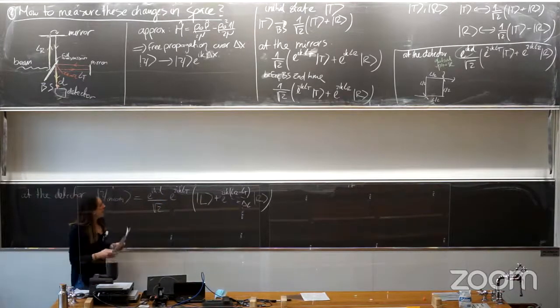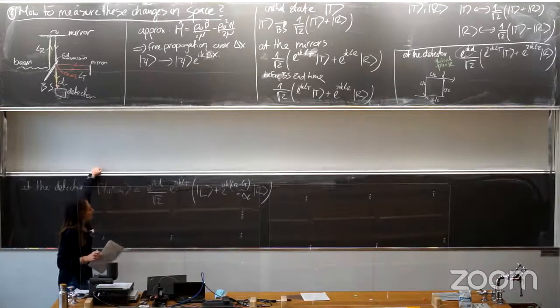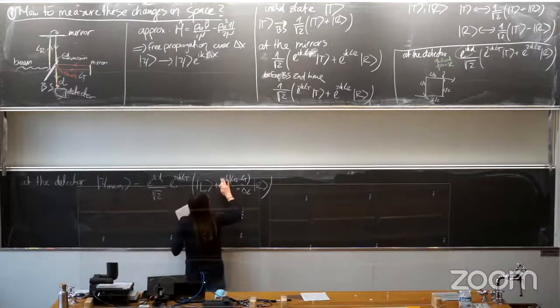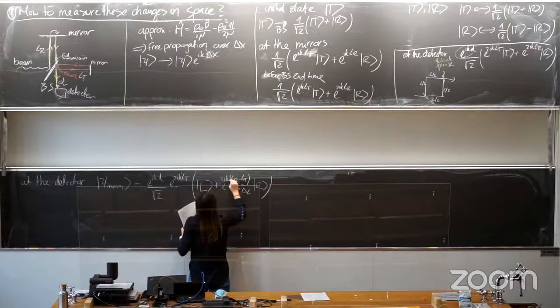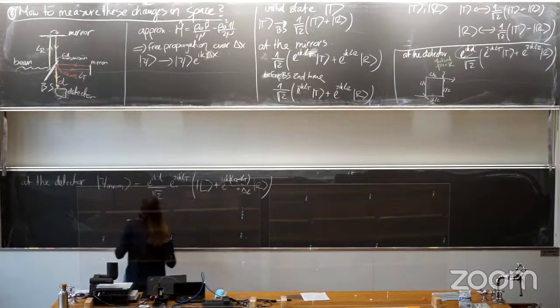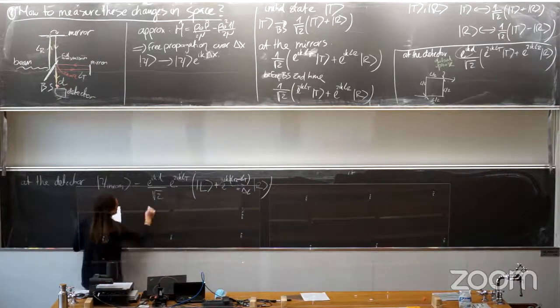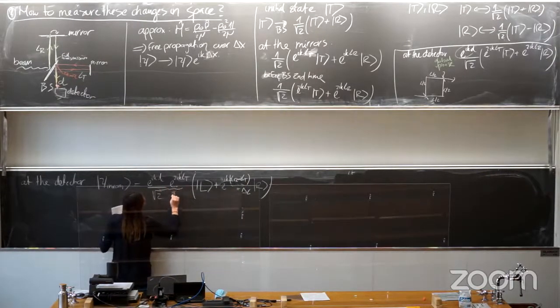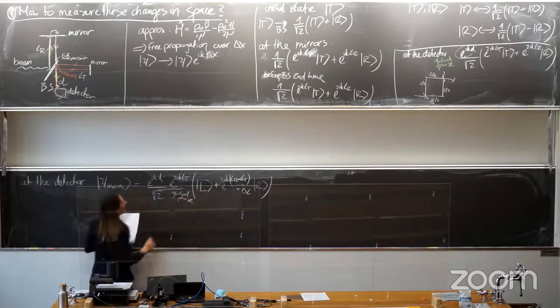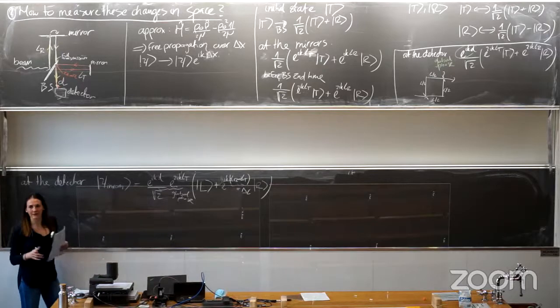Actually, let's write it, it's even nicer: 2L minus 2R, this delta L. Why this? Because, as just said, this is a global phase, and we can forget about it, kind of, for our measurements.